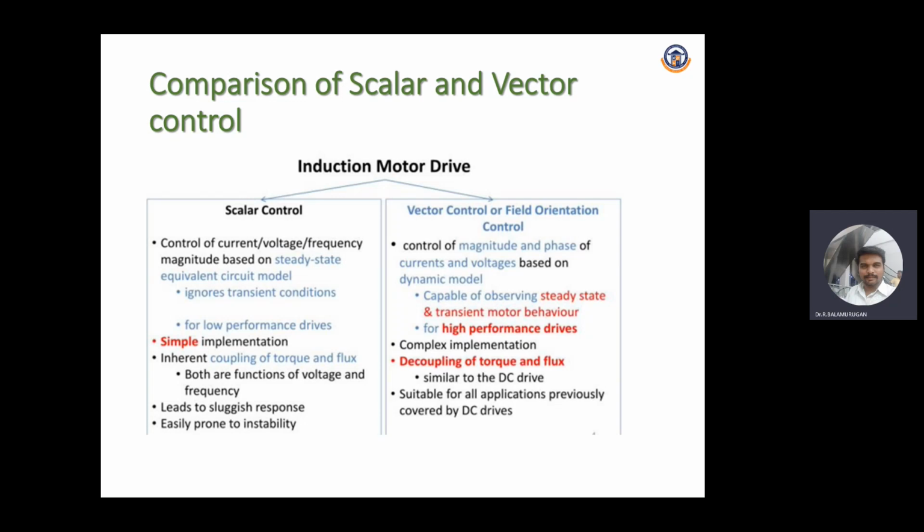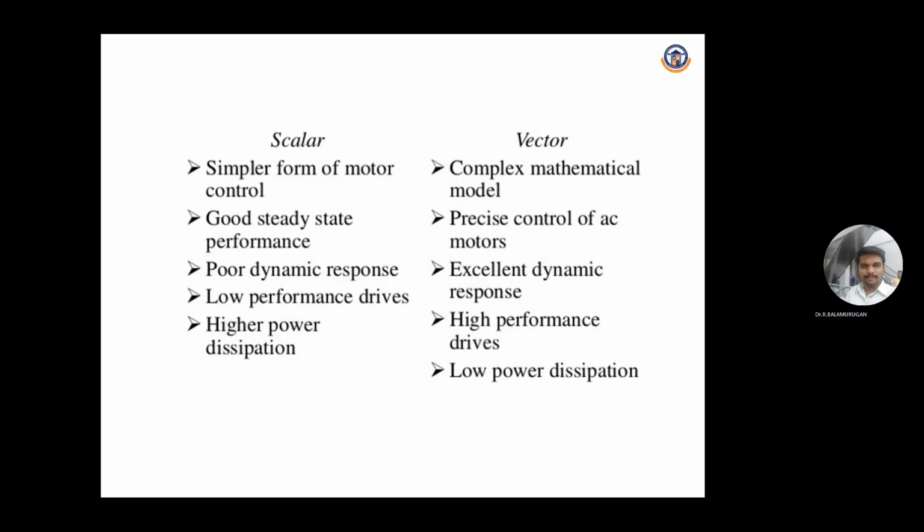In scalar control, the control itself is sluggish and can become unstable. In vector control, we are using decoupled components of torque and flux, so control will be quite appropriate and best suited for all applications where AC drives are used.